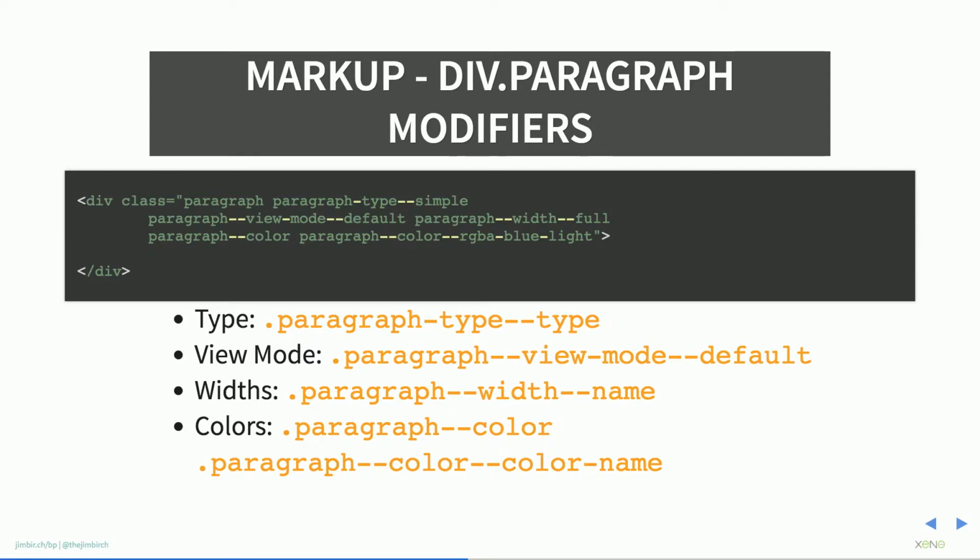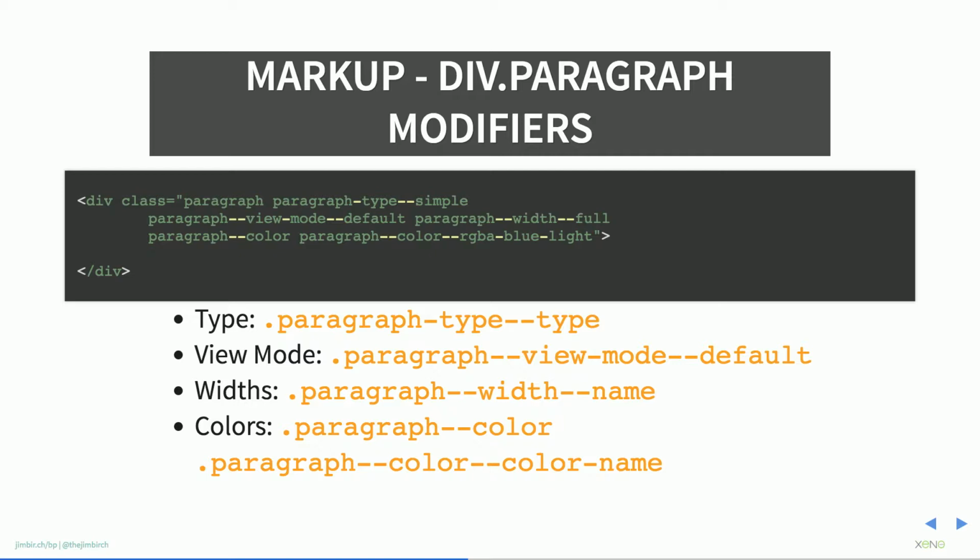Also with the paragraph, I use a CSS system called BEM, Block Element Modifiers. So this basically says anything on the paragraph, on your block, which is the top one, the modifiers on that help you give more specificity, and then elements inside of that give it even more specificity.